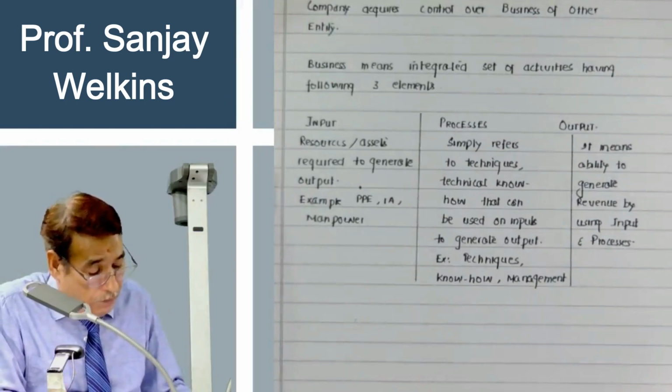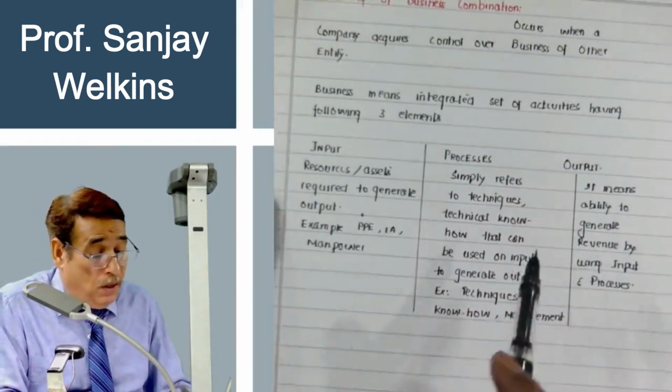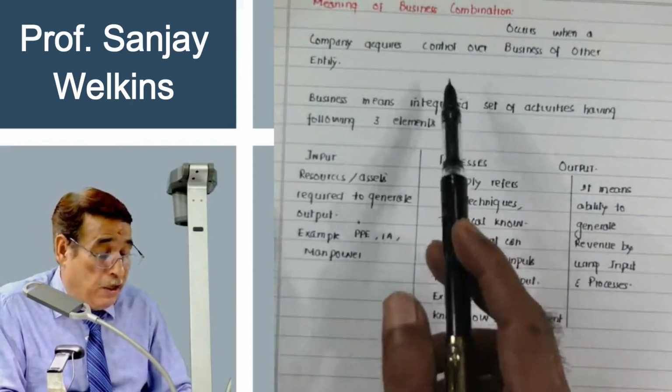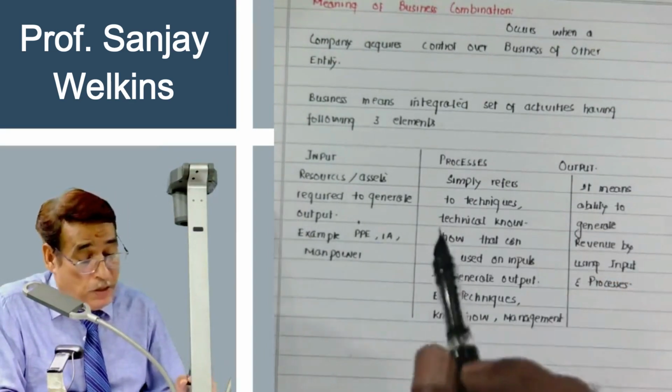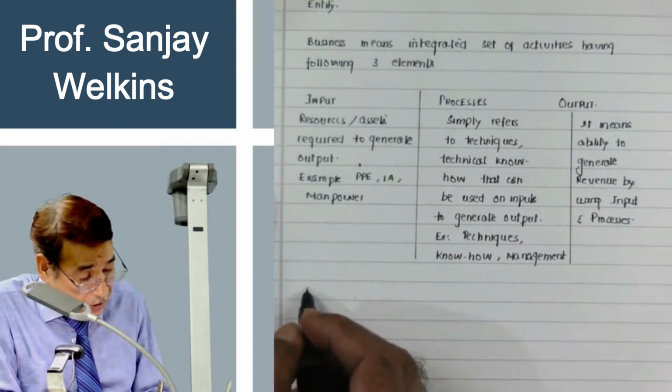That is important. Now, one more point is, I told you business combination occurs when a company acquires control over the business of another entity. See it here.